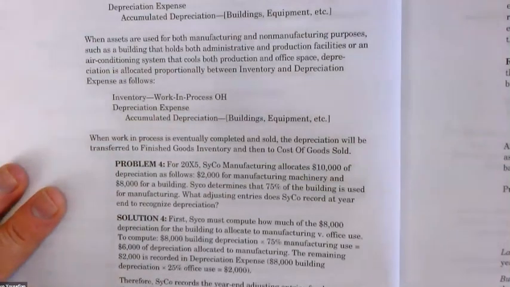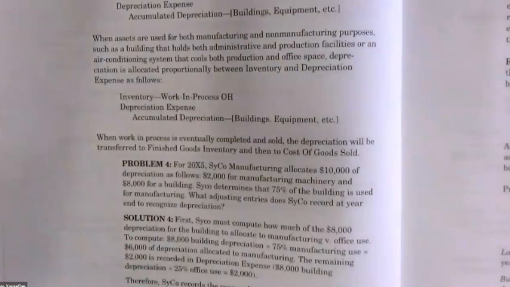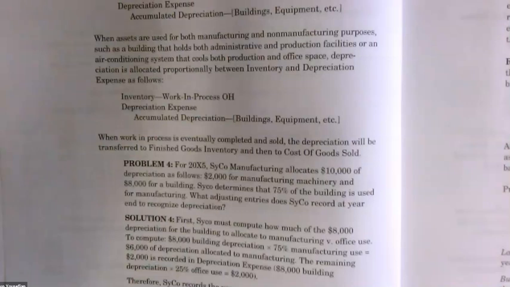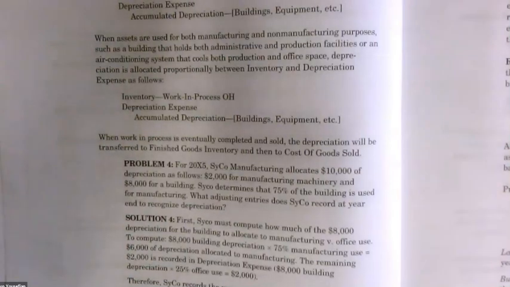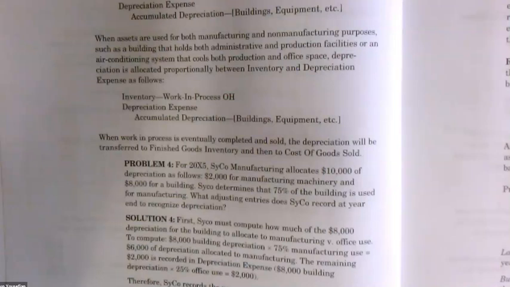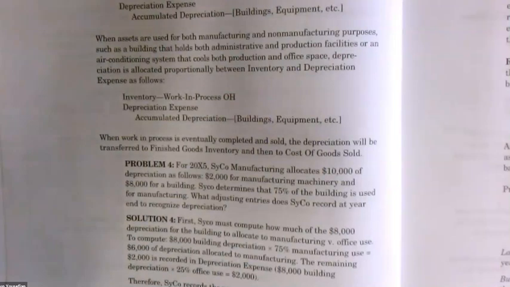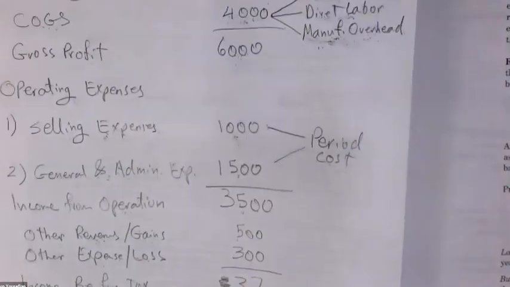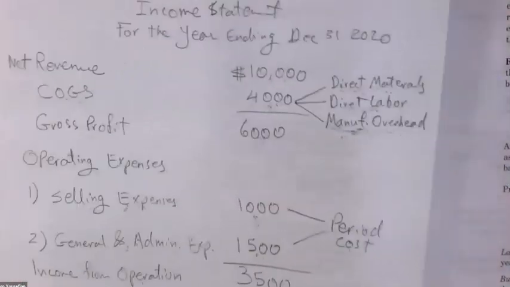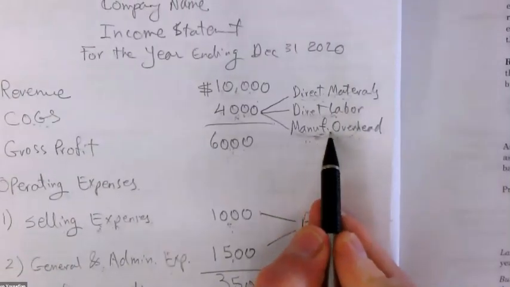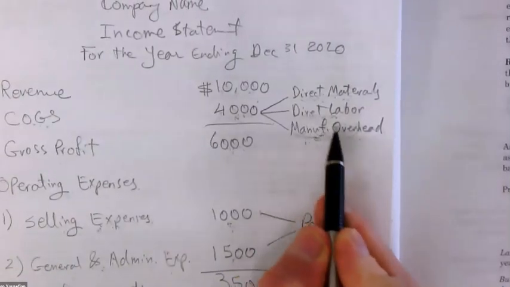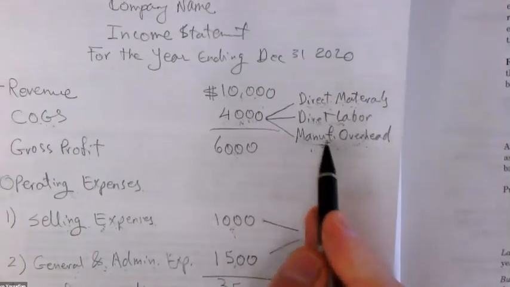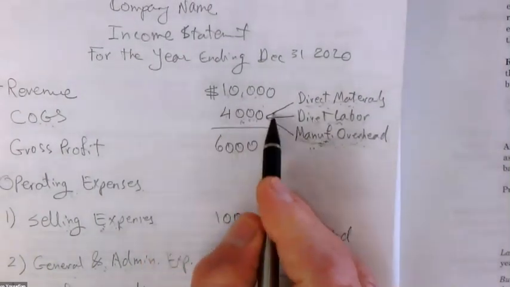I might have something to show you from managerial accounting, which might help you understand it. Yes, this one. Let me show you quickly so you can see the idea. You see manufacturing overhead, the depreciation expense; eventually when you sell the product, that ends up in the cost of goods sold.